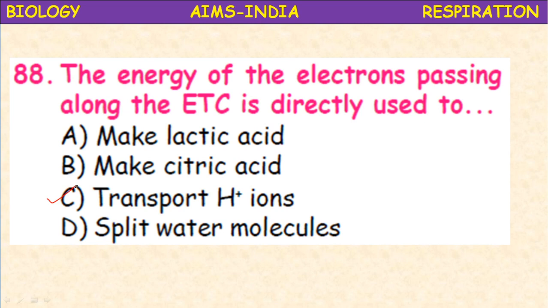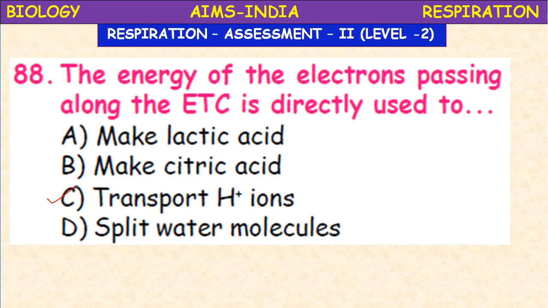The NADH and FADH2 lose the hydrogen in the form of H plus, which combines with the terminal oxygen, so it forms water, and the energy present in that NADH and FADH2 is released in the form of ATP.